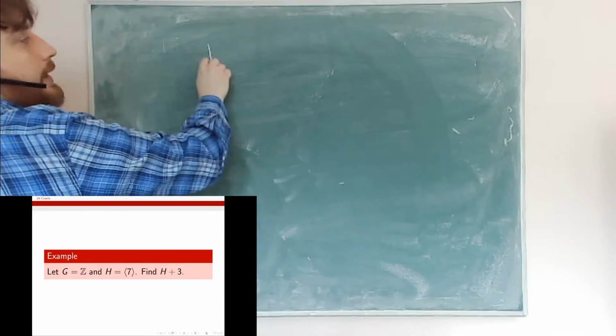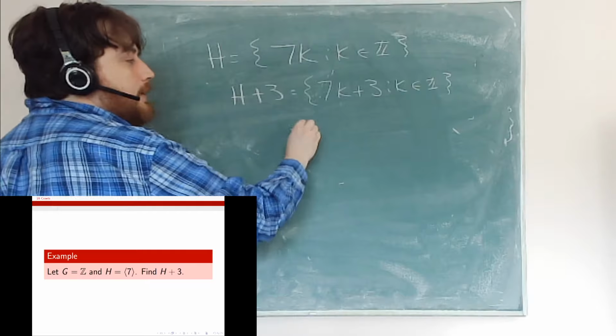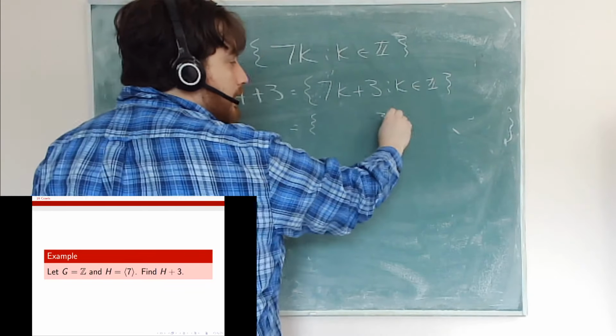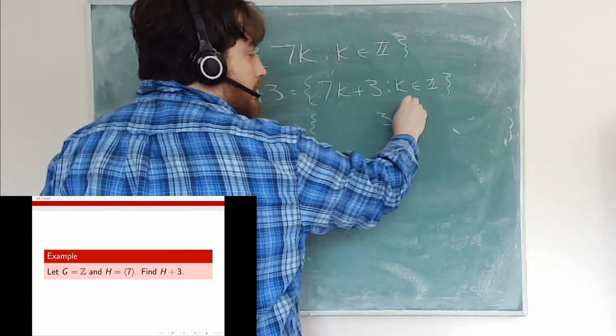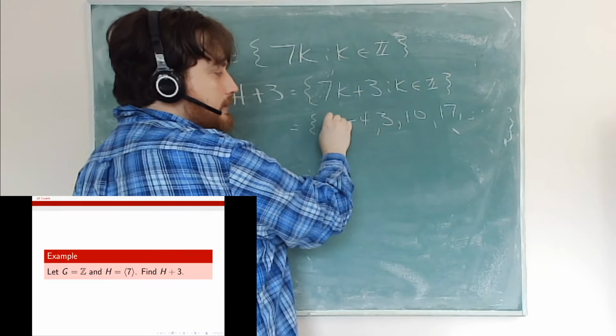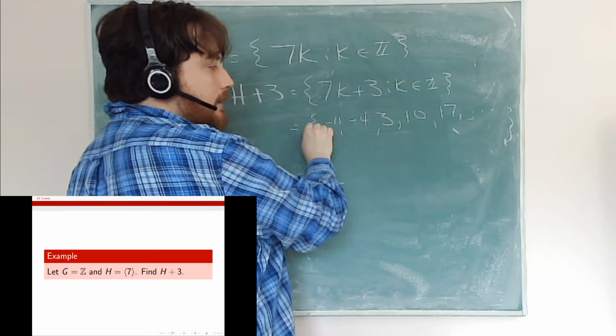So H plus 3 is just going to be, if I take things in here and add 3, everything of the form 7k plus 3 such that k is in Z. So if I plug in 0 here, I get 3, 10, 17, dot, dot, dot, but I can also subtract 7, so I'd get -4, -11, and so on.